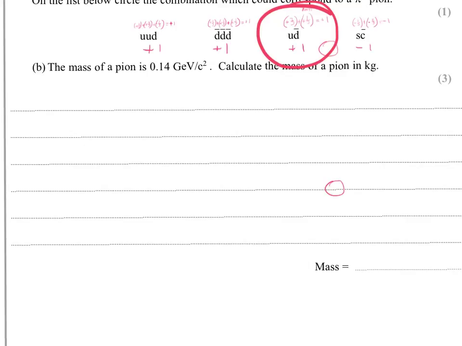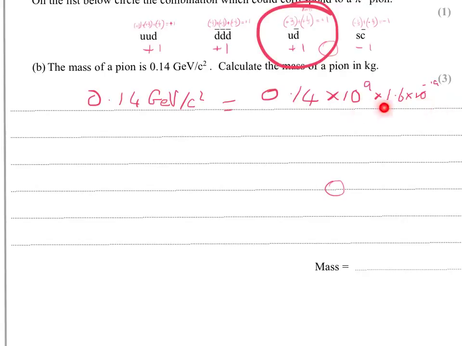So we're now asked to calculate the mass of the pion. If it's 0.14 GeV over c squared, what is that in kilograms? So we just need to do this calculation of 0.14 GeV over c squared, only do it in SI units, and that will give us an answer in kilograms. So that's going to be 0.14 giga, 10 to the 9 times 1 electron volt.